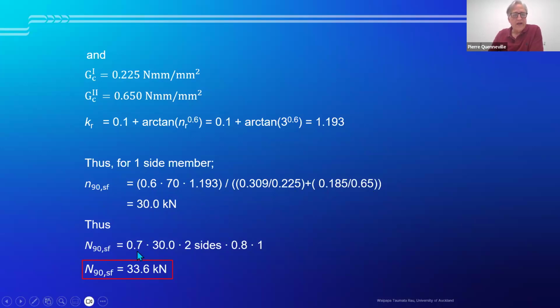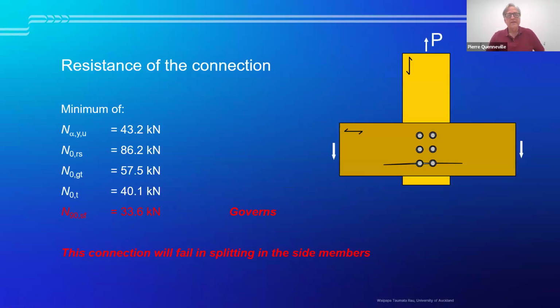If we want the design value, we need to multiply by our material reduction factor of 0.7 by the number of sides. So we have our two horizontal members, and our load duration at 0.8 and our service condition factor of 1. And we obtain for our splitting resistance for the side member of 33.6.